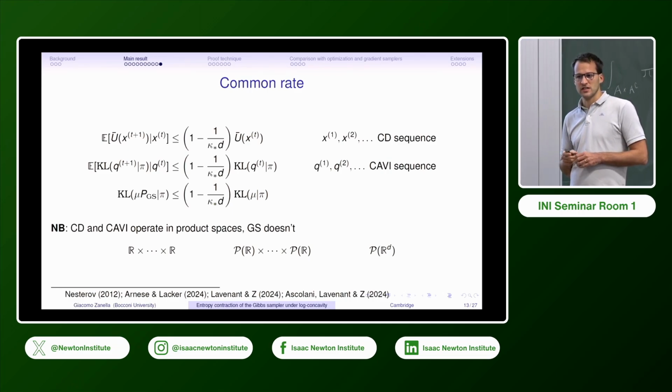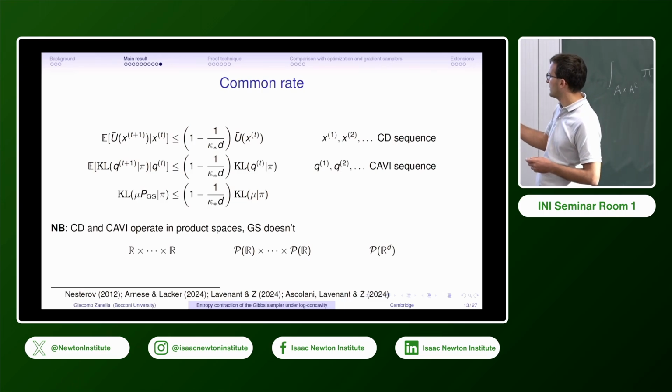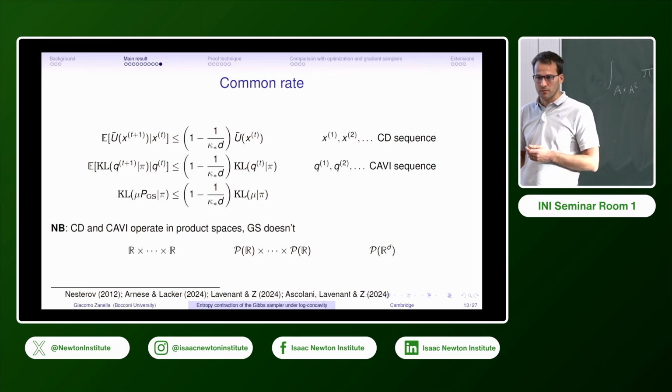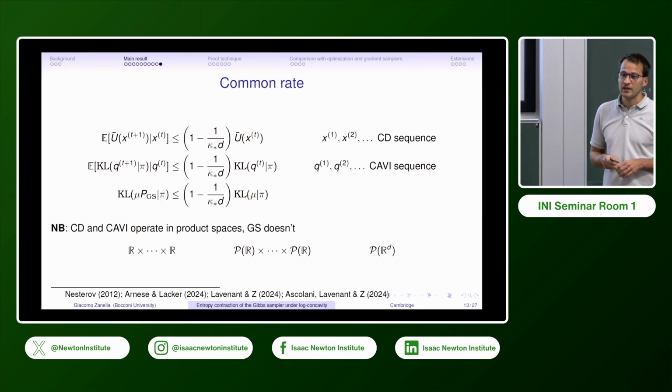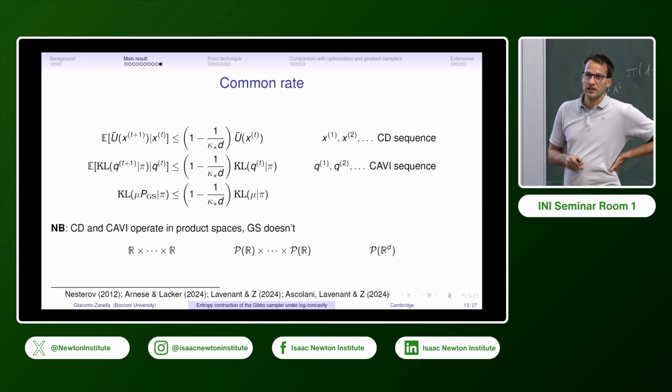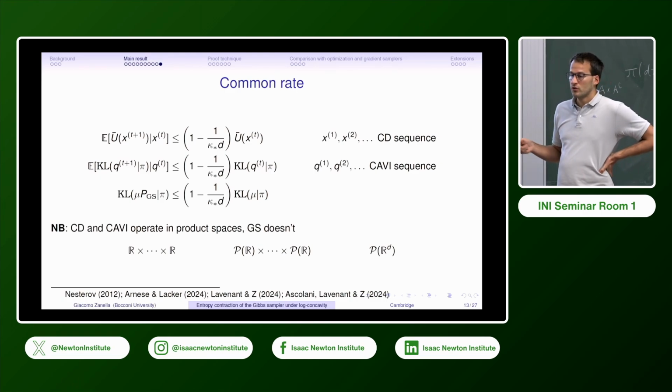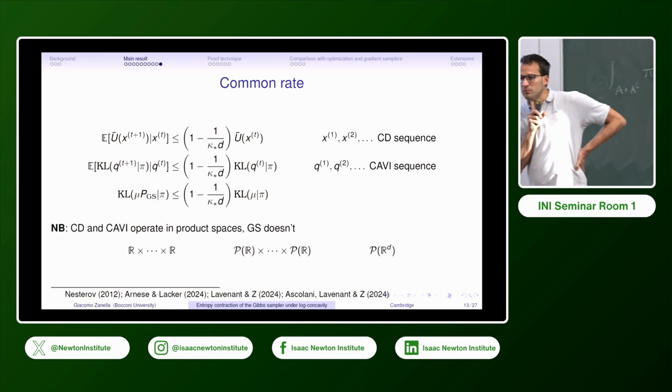I will mention the differences. We didn't think from that point of view. Maybe yeah, I think it implies the one for coordinate descent when you send the temperature to 0, because Gibbs sampling in the limit becomes coordinate descent, like in an annealing fashion. I don't see a simple way to go from the Gibbs sampler to CAVI, but it's a very good point.